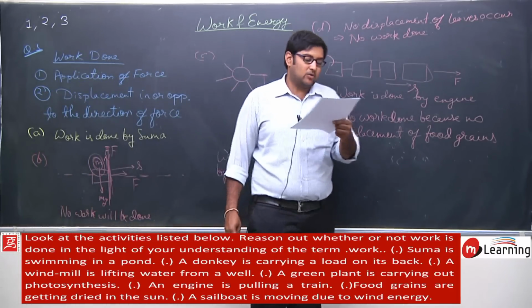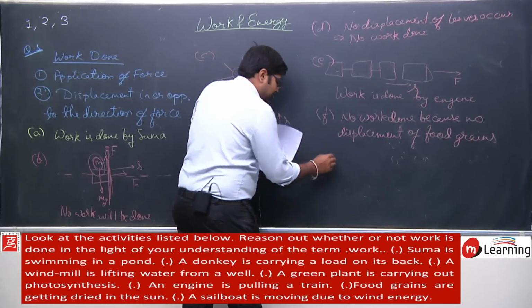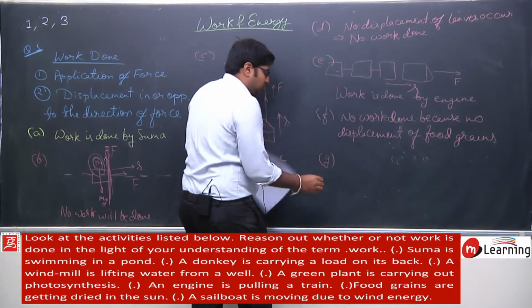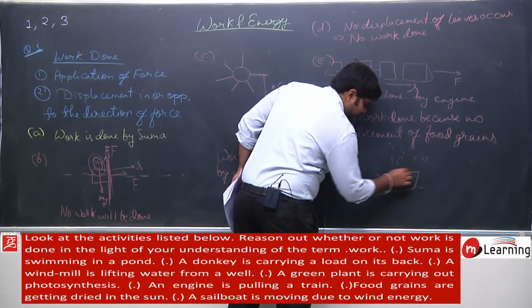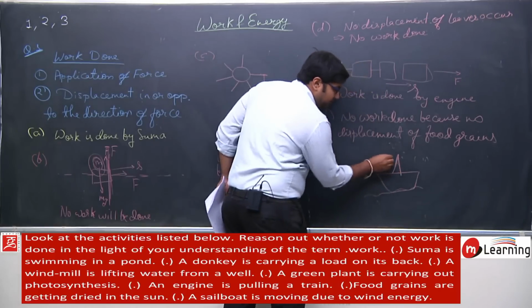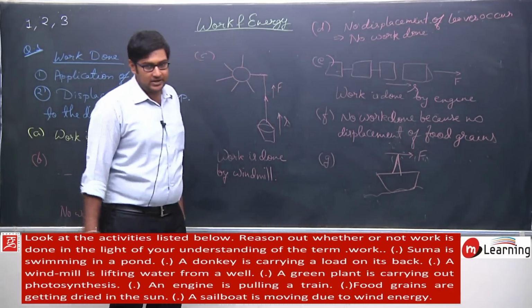Then the next is a sailboat moving due to wind energy. So in the next case, a sailboat is moving. This is the water, and there is a sailboat like this. The wind is pushing this boat in the forward direction. So this is the direction of application of force.